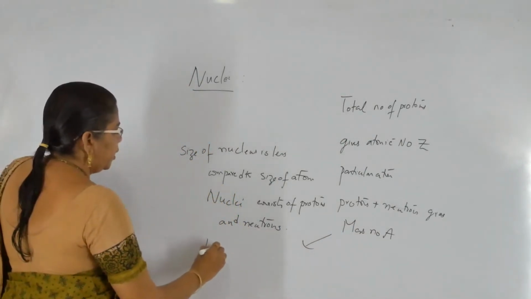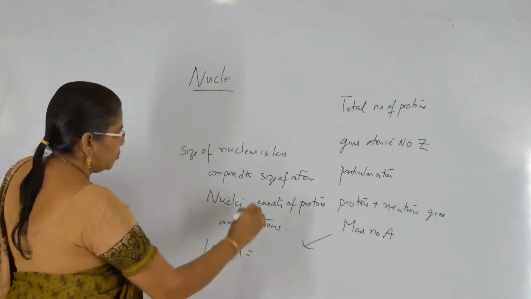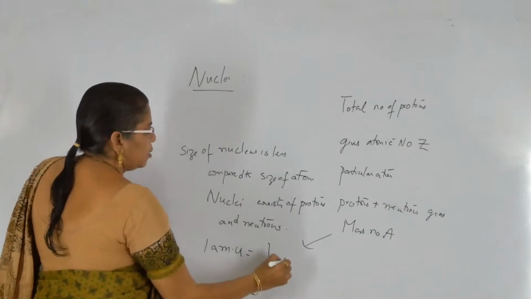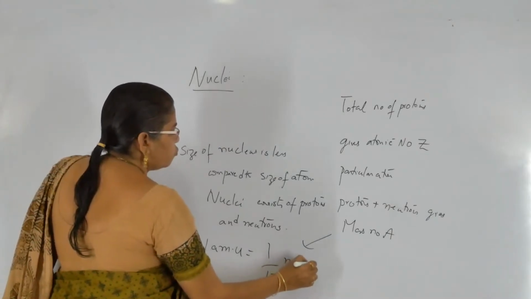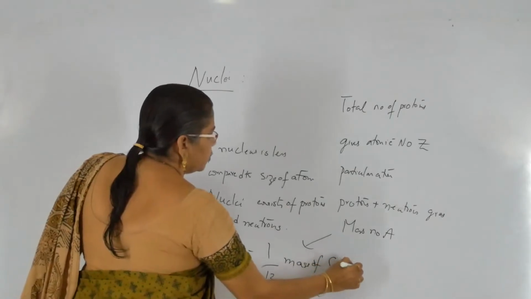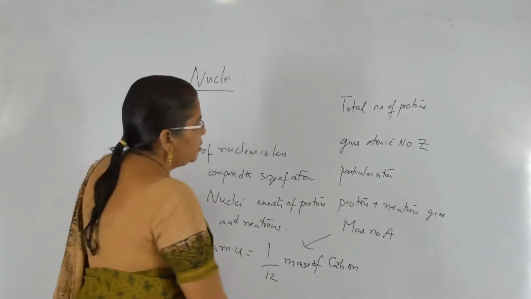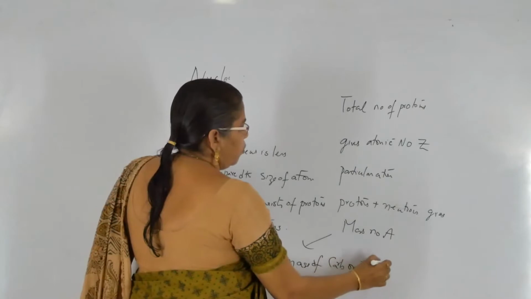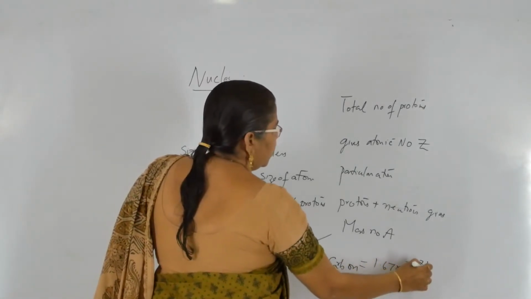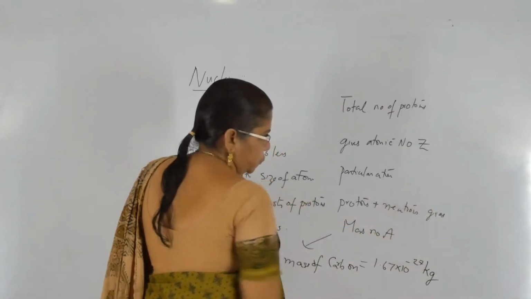It is a unit, atomic mass unit, that is given as 1 by 12 the mass of carbon, and its value is approximately 1.67 into 10 power minus 27 kg.